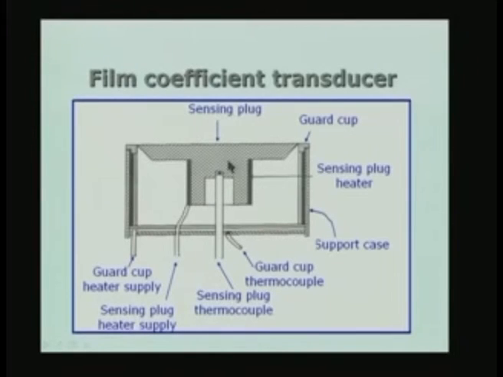Then you can see that all the heat I am inputting into the sensing plug must be leaving from the top, because there is no heat transfer from here to here, because these are the same temperature. If these are at the same temperature, there is no heat transfer from the sensing plug to the guard cup. The guard cup is surrounding the sensing plug in all the directions excepting the top.